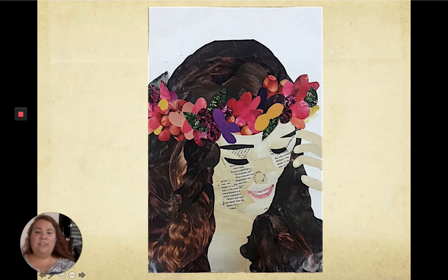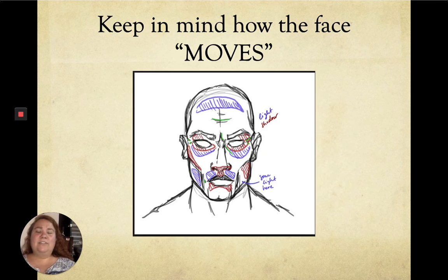They actually used hair from a magazine, and they made the face at a different angle, so it's a good piece. Keep in mind how the face moves, because if I smile, my face will move and this will go up. Depending on the person or the selfie you are using, that is how the face will look, so keep that in mind.